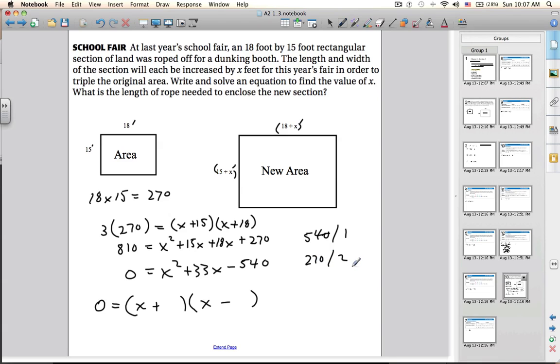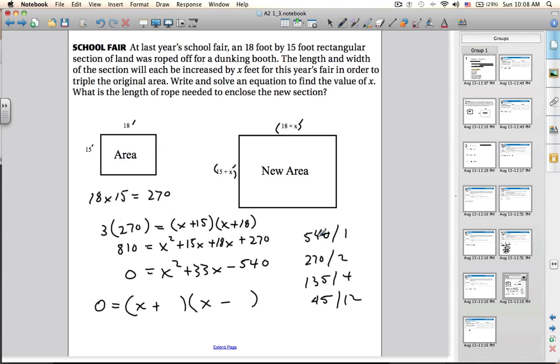Those don't have a difference of 33. I have 135 and 4. Those don't either. I'm going to take a 3 out of these, so I'm going to have 45 and 12. And now you see that these do have a difference of 33.